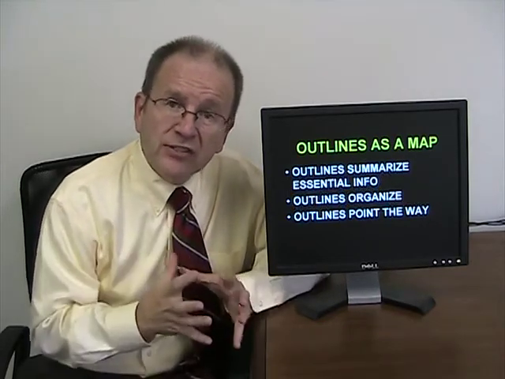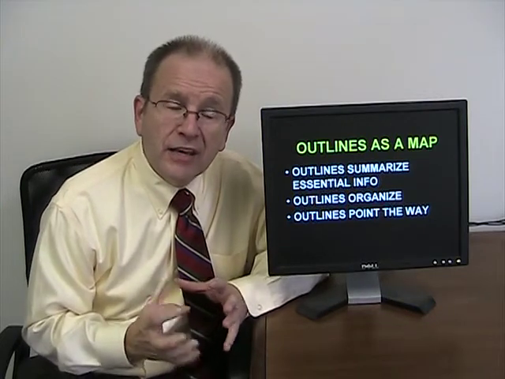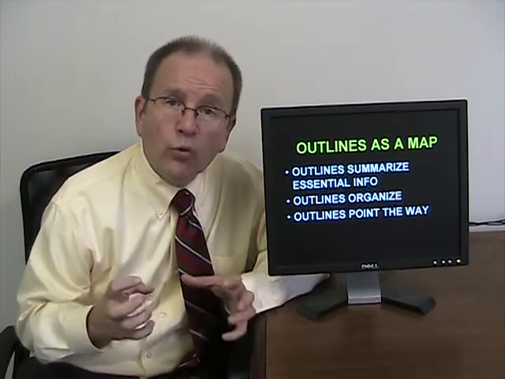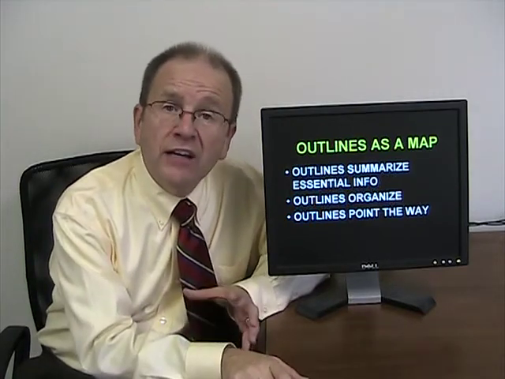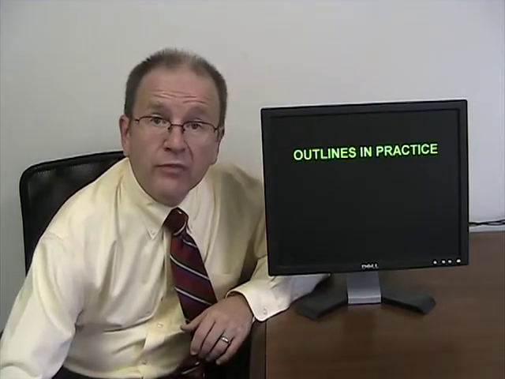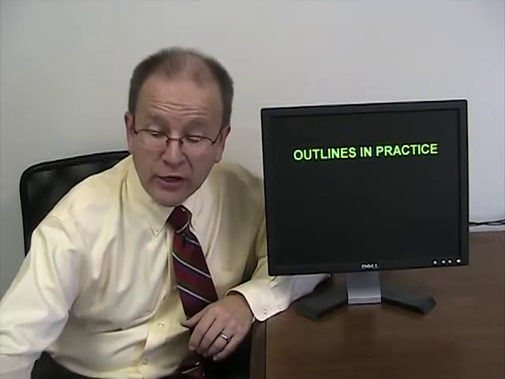So outlines, like maps, can get you essential information, organize it in a way that you can work with it, and then point you the way to the answer that you're going to want to have. All right. Well, that sounds like a pretty good thing.